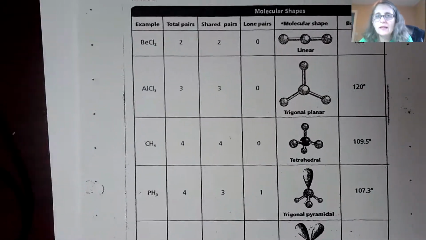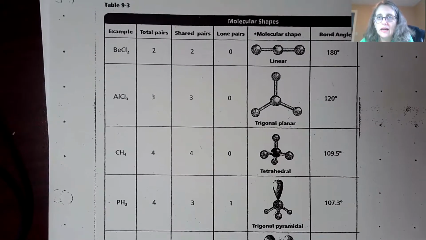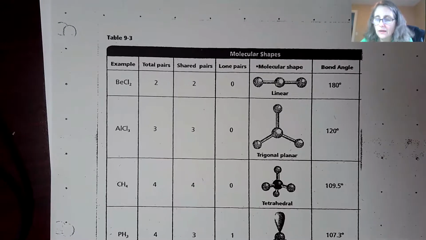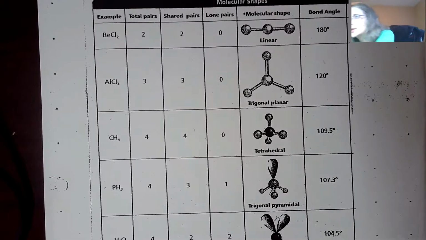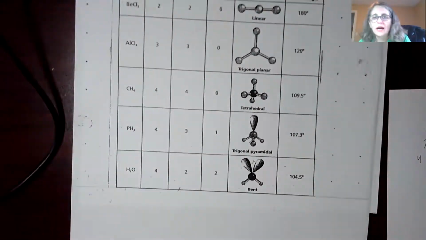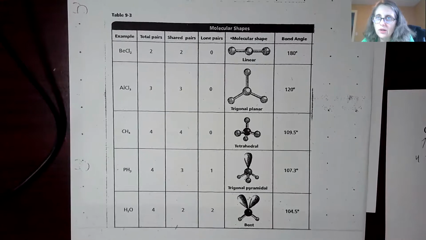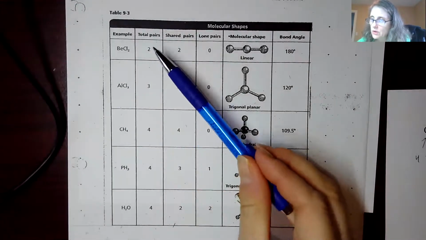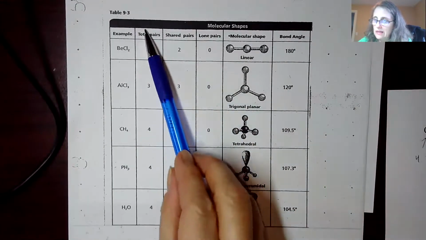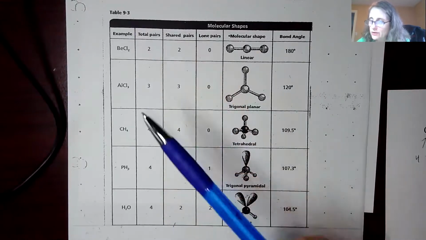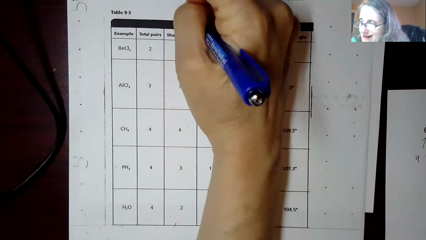So we have given you a list of these shapes. And these shapes, again, I got this from some book many years ago, have a certain way of drawing them. So just a couple things to mention about the chart. Total pairs of electrons is in this column here. Shared pairs is going to be the bonds.